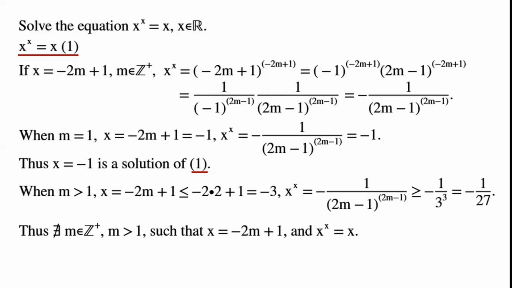Thus, there doesn't exist m in the set of positive integers, with m greater than 1, such that x equals minus 2m plus 1 and x to the power of x equals x.